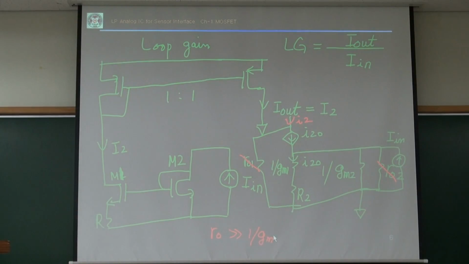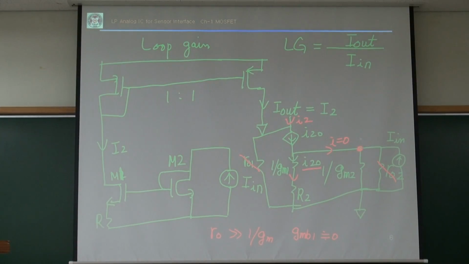Then it's easy. I neglected GMB already, GMB1 is set to 0. Now let's see what's I2. I know the current is 0 here because the gate current is 0.